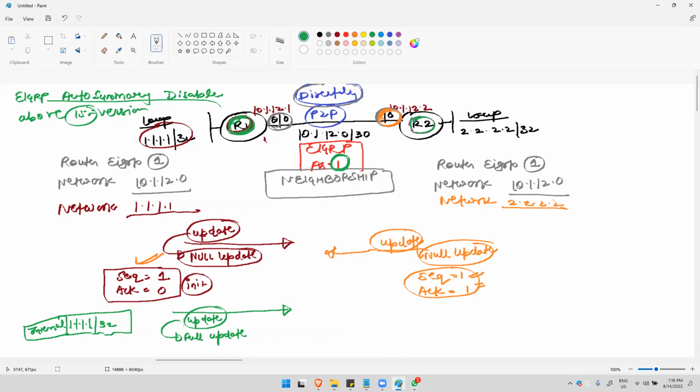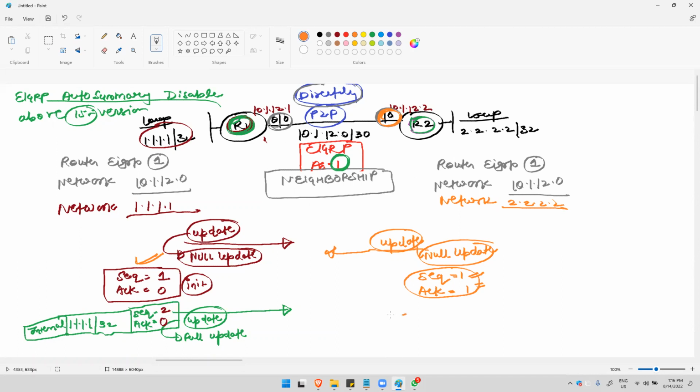Now R1 says I'm sending one more piece of information: sequence number and acknowledge. Last time which sequence number did R1 use? 1. Now R1 says I'm using sequence number 2, acknowledge is 0.